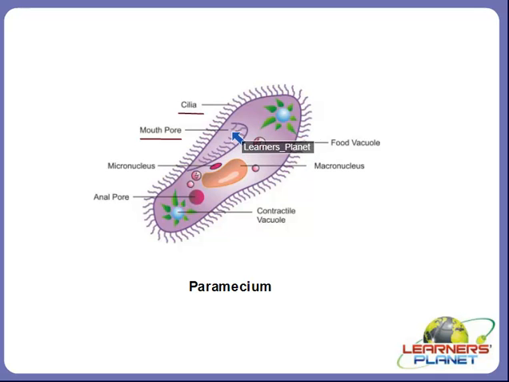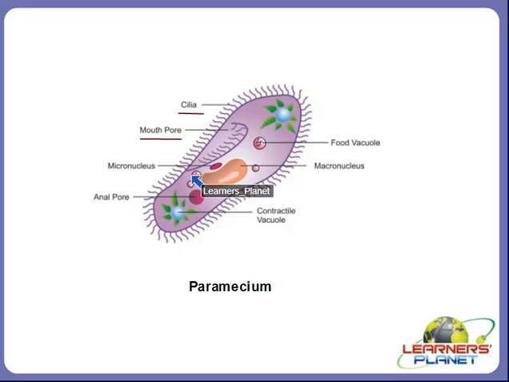Further inside the buccal cavity, it is again provided with cilia. These cilia inside the buccal cavity push the food material forward towards the cytoplasm, and by diffusion and different ways, this food material will go inside the cytoplasm.